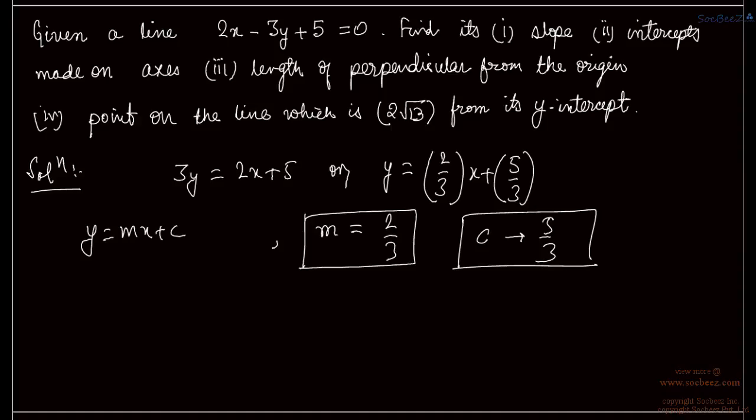Okay. Similarly, if we represent this in the form of x upon a plus y upon b is equal to 1, then we will be getting the intercepts on the axes, that is x intercept as well as y intercept.